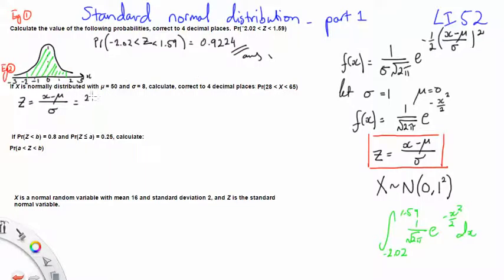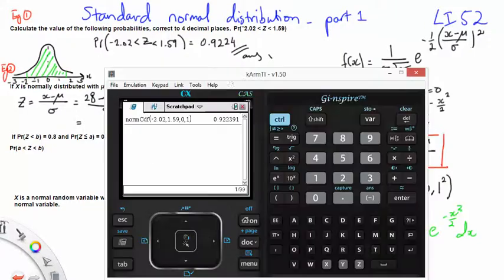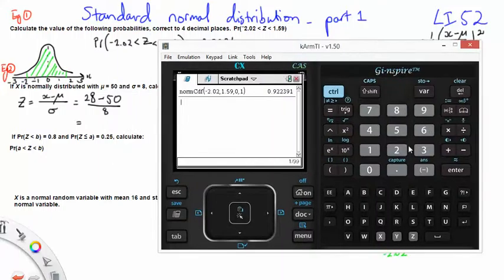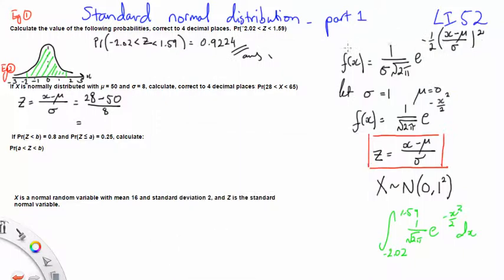So I've got 28, which is our x, 28 minus 50 over 8, and that equals negative 11 on 4. We can use our CAS here. 28 minus 50 divided by 8. Let's get a decimal. Control, enter, negative 2.75.